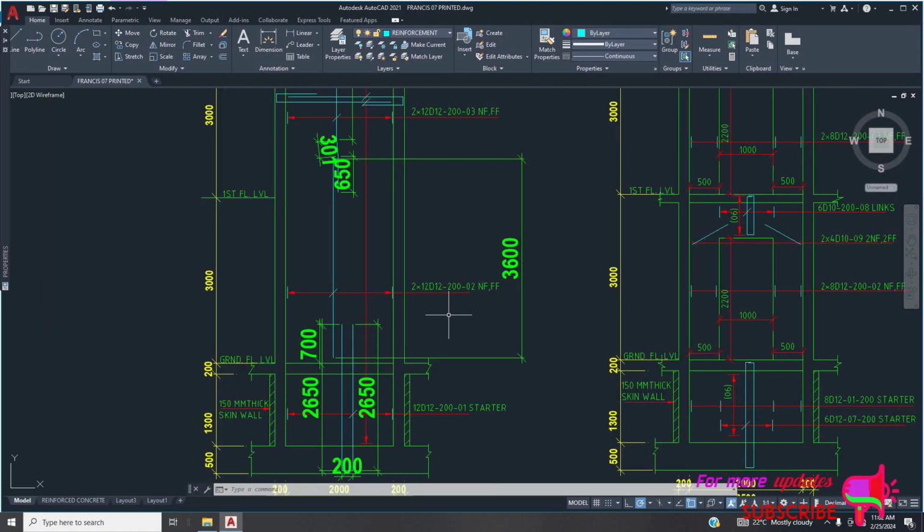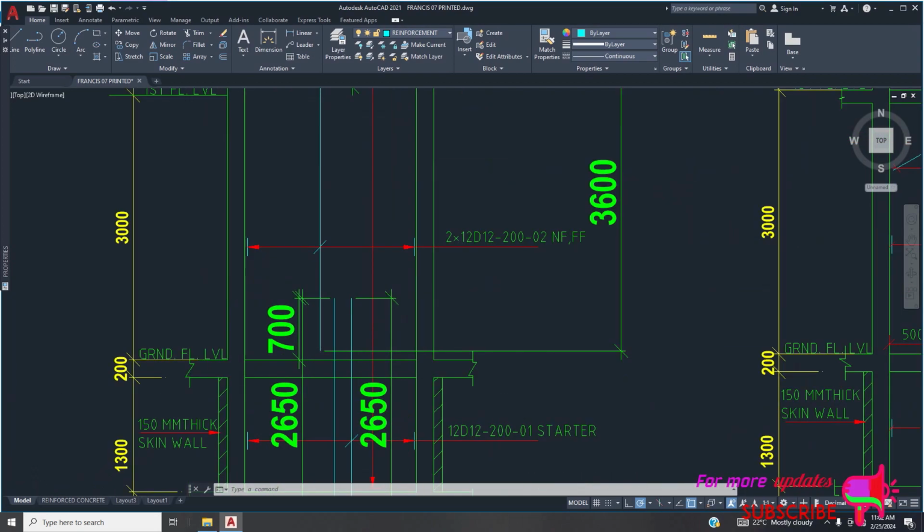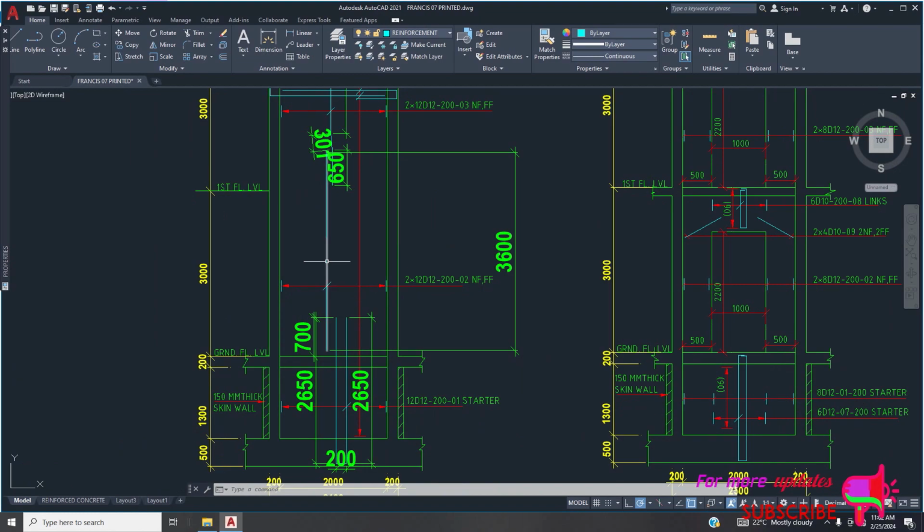So basically that means the floor height plus the lap length. Therefore this longitudinal bar will have a total length of 3000 plus 600. Because we will be having a lap length of 600, they will cut a similar portion of that 600.